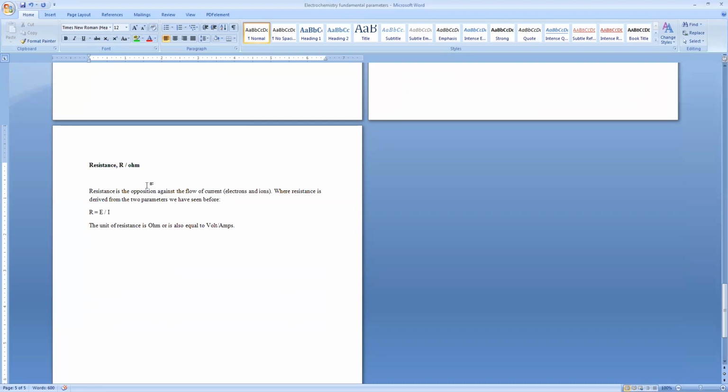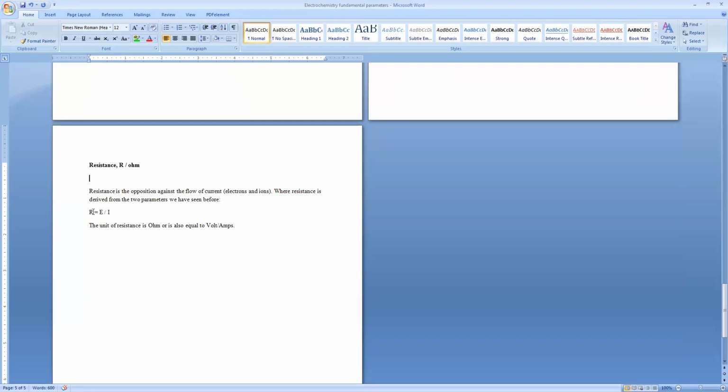So the resistance is derived from the two parameters which we have seen, which are the potential and the current, which is E divided by I. So E divided by I equals R. R is resistance.